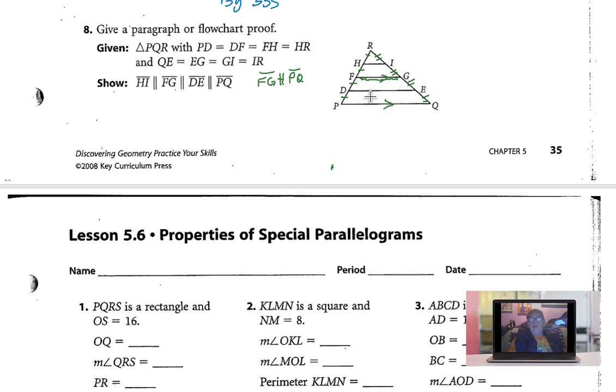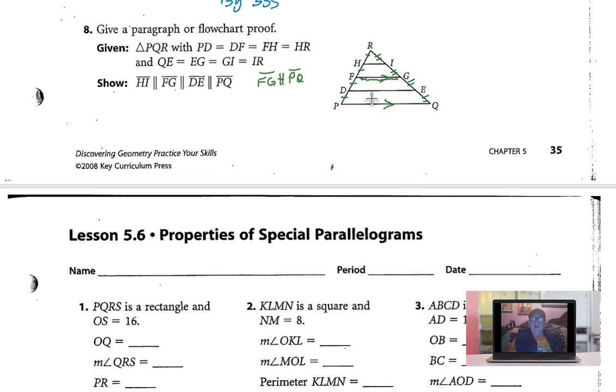Now let's look at this lower trapezoid, FGQP. If PD and DF are congruent, that makes D the midpoint. If GE and EQ are congruent, that makes E the midpoint. And the segment that connects those two midpoints of those sides is the midsegment.